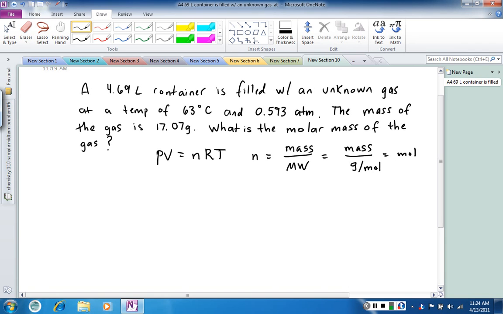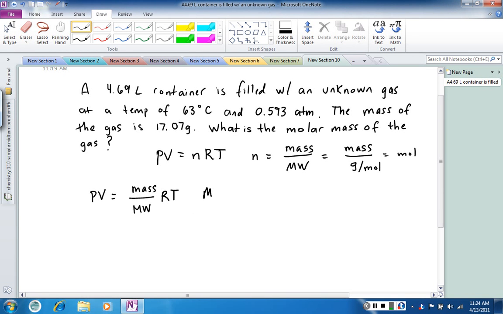So we can rewrite the equation and say PV equals mass over molecular weight times RT. If we solve for molecular weight, let's multiply molecular weight by both sides.